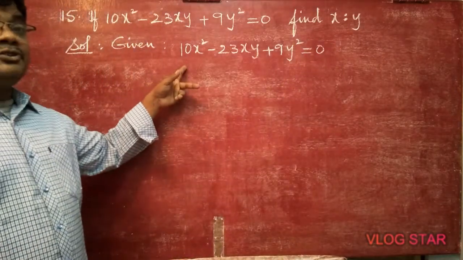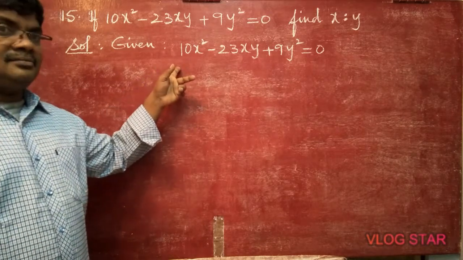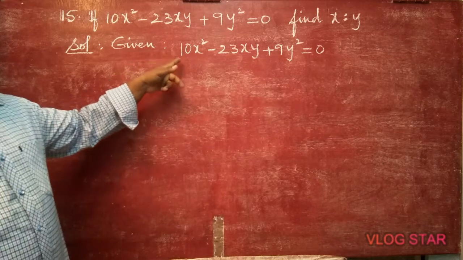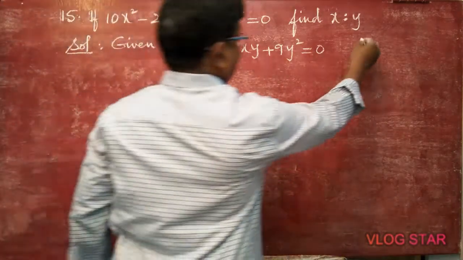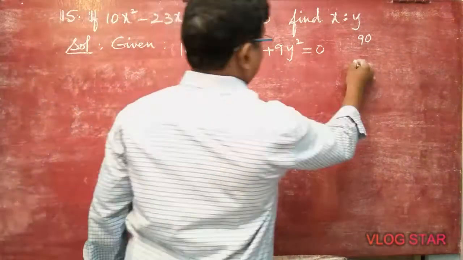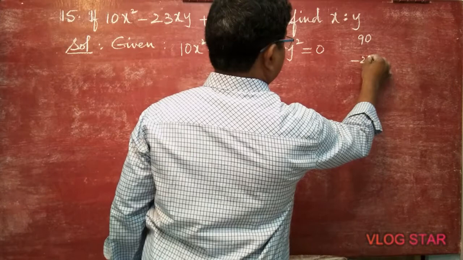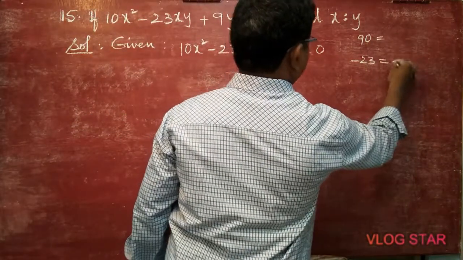By seeing it itself, you should be able to know what this is: a quadratic equation. For which number we have to find factors? 10 9s are 90. For 90 we have to find factors. When we simplify, minus 23 should come. So in such a way we have to take factors.